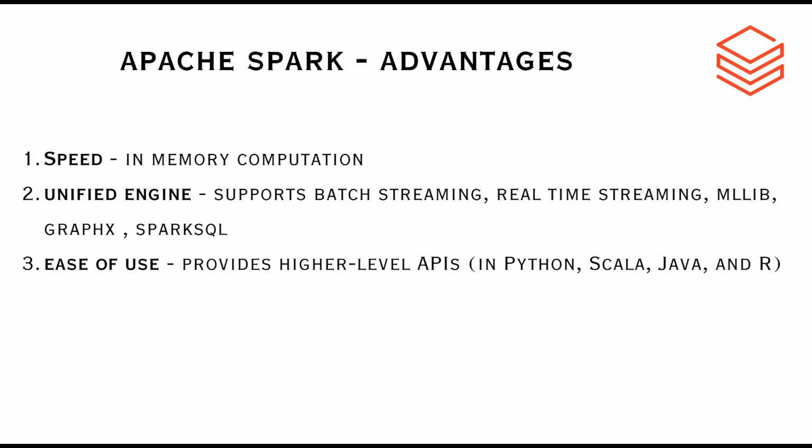The next one is simpler API use. MapReduce required users to write low-level code in Java. Spark offers high-level APIs in multiple languages like Python, Scala, Java, and R. These APIs are more expressive and concise, which enables users to perform complex tasks with less code.